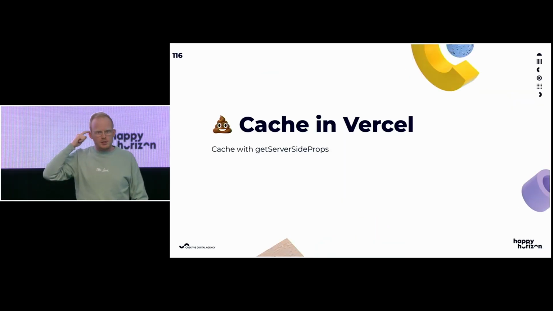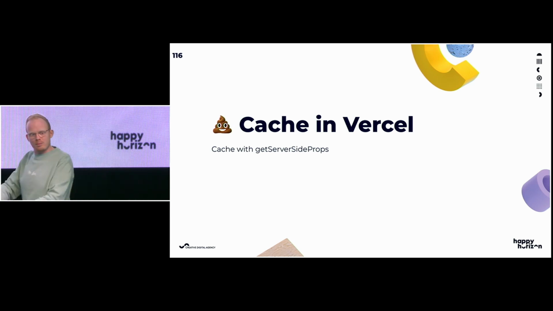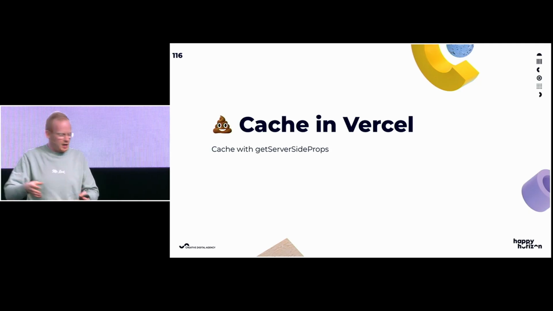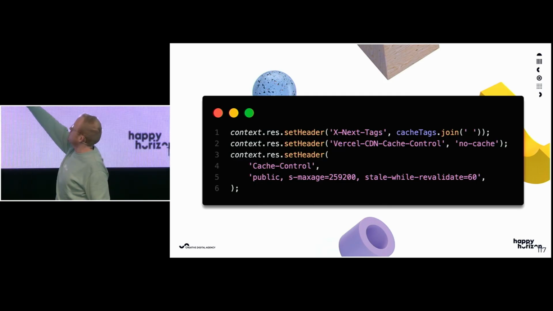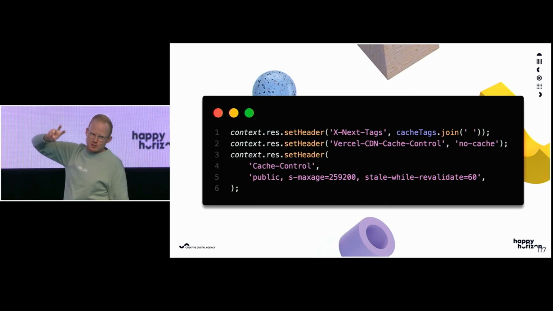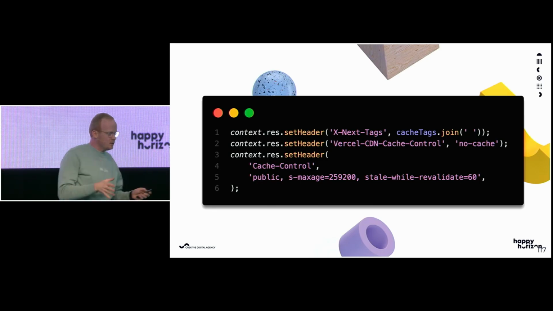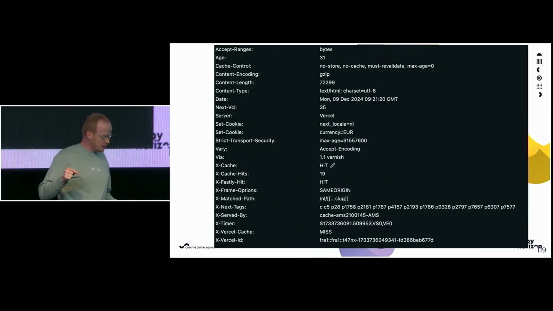But the shitty part is that Vercel is also going to cache the page. So when I destroy the cache in Fastly, it first hits the cache on Vercel, because there is cache. So what you also have to do is tell Vercel's CDN cache that you can't cache it, because what you have is the real dynamic information. So I moved the full page cache from Vercel to Fastly.